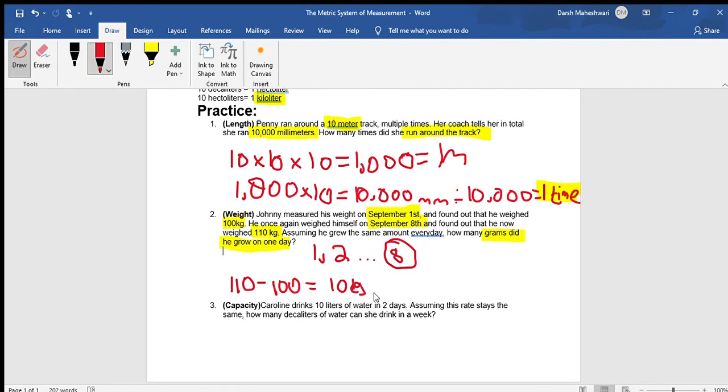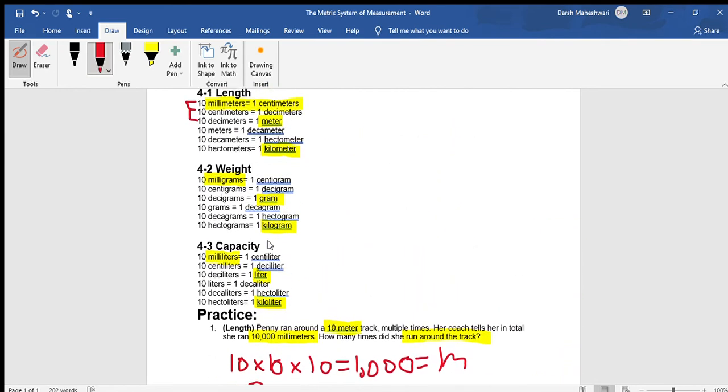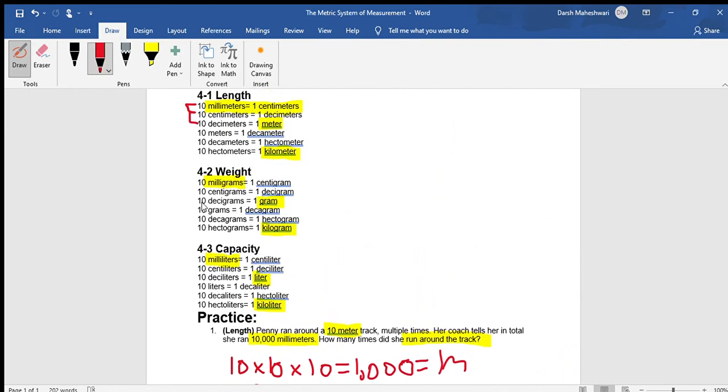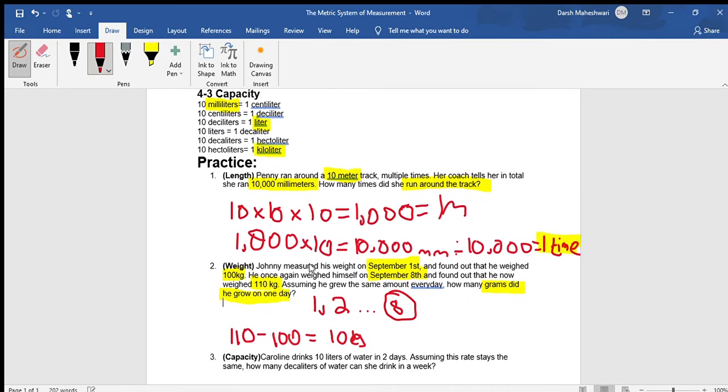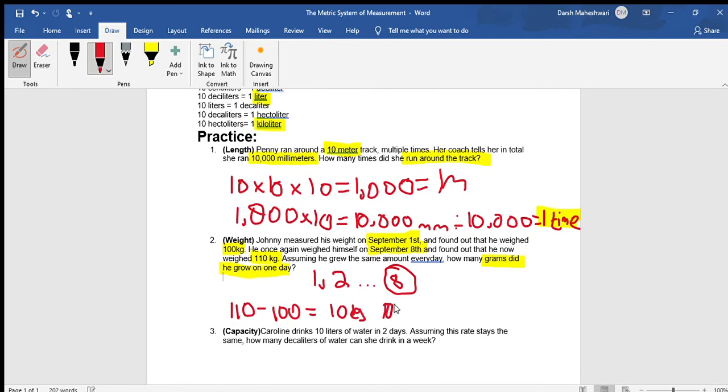So you would have to first find out how many grams are in 1 kg. So you see grams are here, and so grams. So 1, 2, 3, so 3 tens, right? So 10 times 10 times 10, and we would get 1,000.